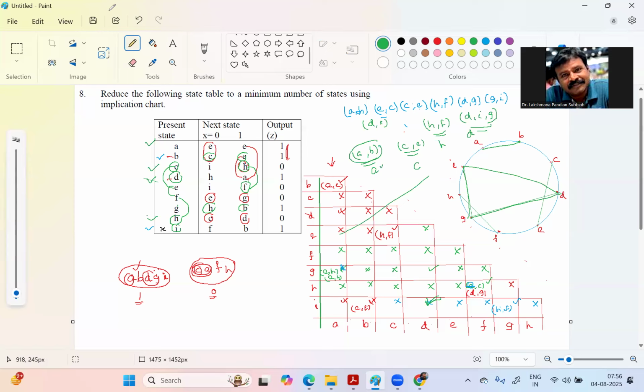For AB, you put A, so wherever there is B, you replace it with A. Then for CE, you put C, wherever E, you replace it with C. Then HF, similarly wherever F, you replace it with H. Similarly, for DIG, you remove that D, right? So that is the reduced table.